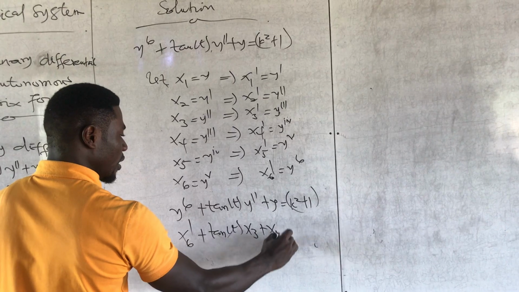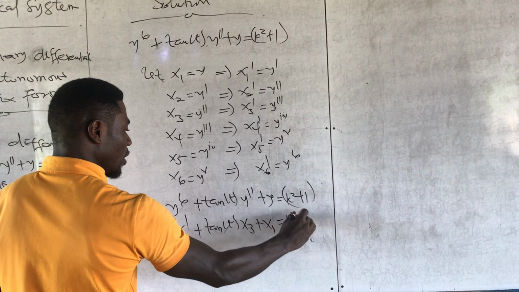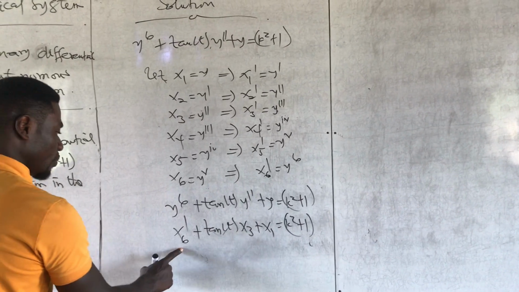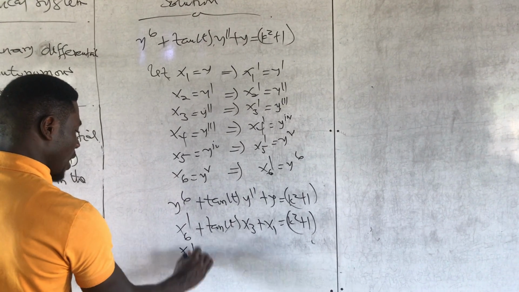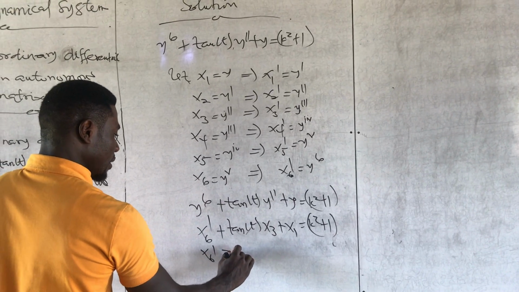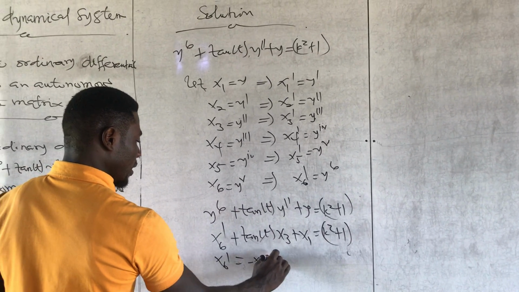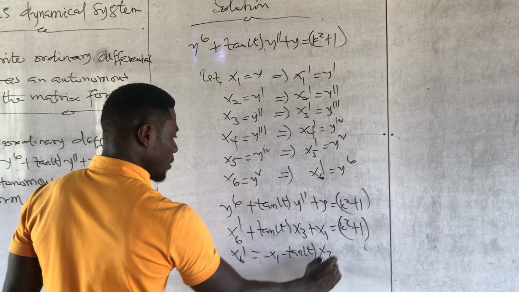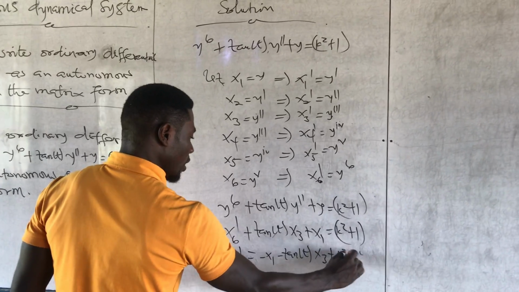So we have x1 here, that is equal to k² + 1. Now making x6 prime the subject, we have x6 prime is equal to minus x1 minus tan(t) x3 plus k² + 1.